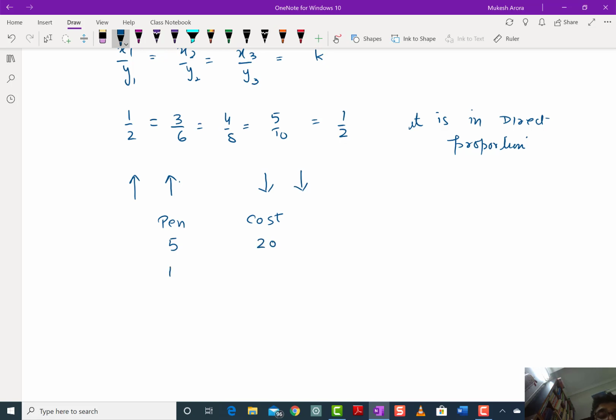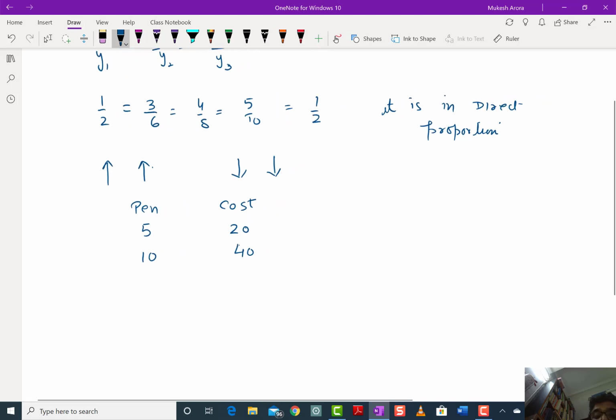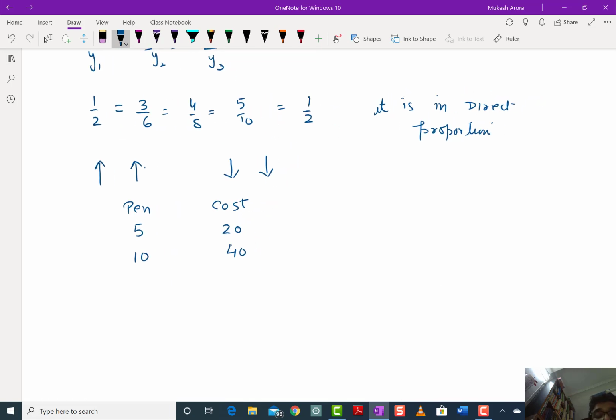If we buy 10 pens, the cost is 40. So pens are increasing, the cost is also increasing. That is called more pens, more cost. That is direct proportion.